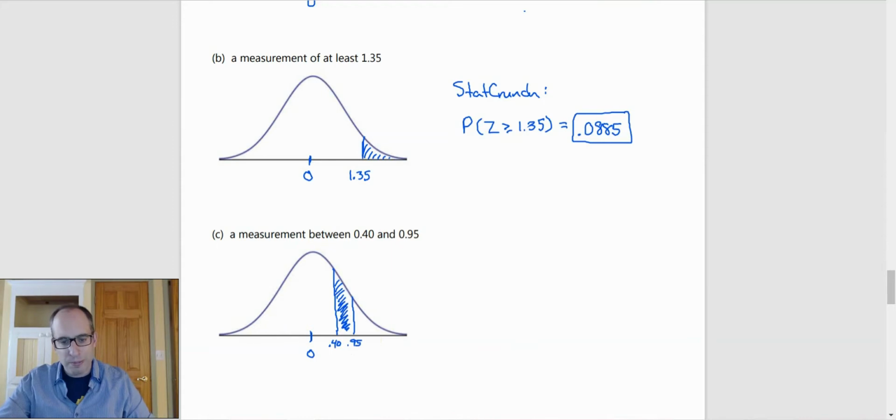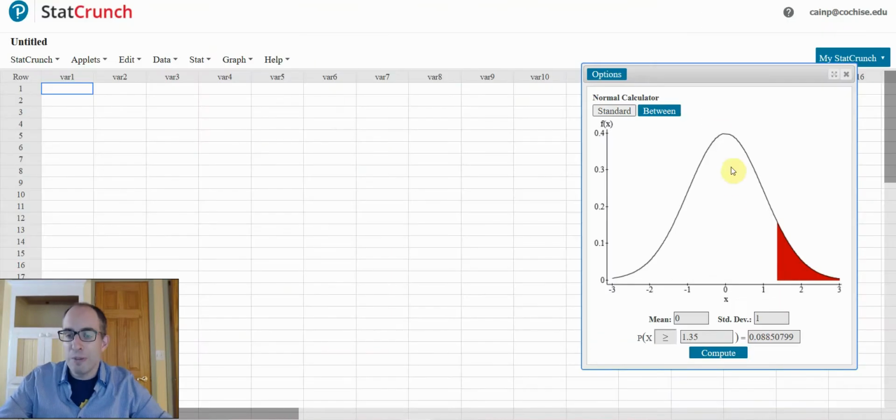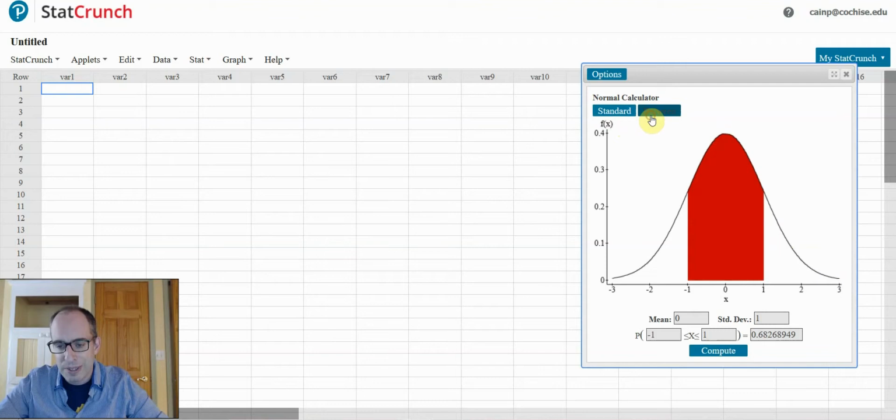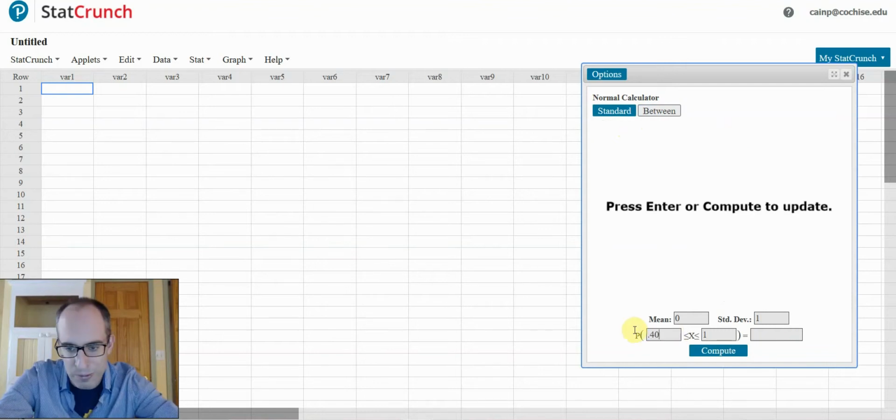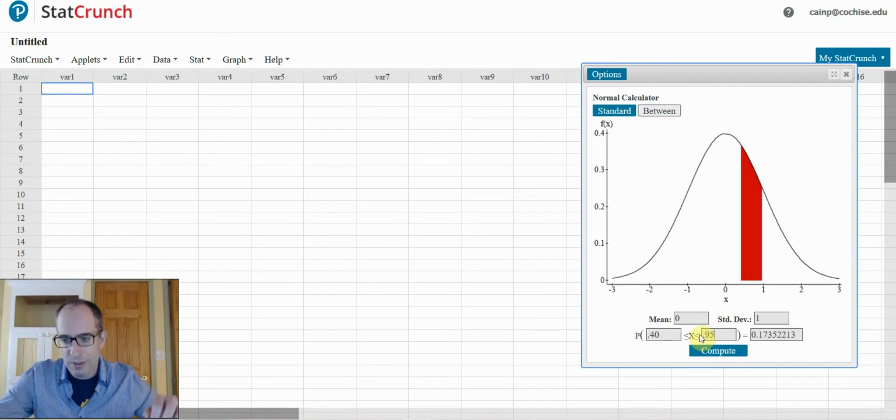So, all right, go here. For an in-between, up here where there are the options, your default option is standard, and that's for less thans and greater thans, or less than or equal to's and greater than or equal to's. If you go to between, then you can get an in-between, and that's what we want here. So we want between 0.40 and 0.95 there, 0.1735.